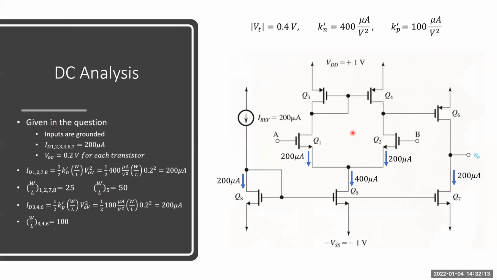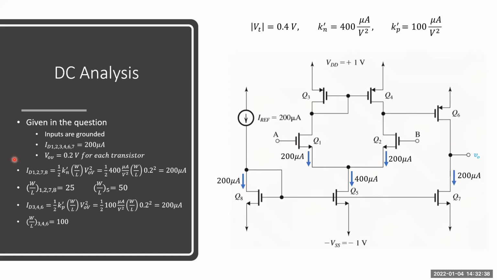Okay, inputs are grounded and ID value is 200 microamp. VOV equals 0.2 volt. We are going to use just the drain current actually. What is the drain current for NMOS transistors? 1 over 2 Kn prime times W over L times VOV squared here.